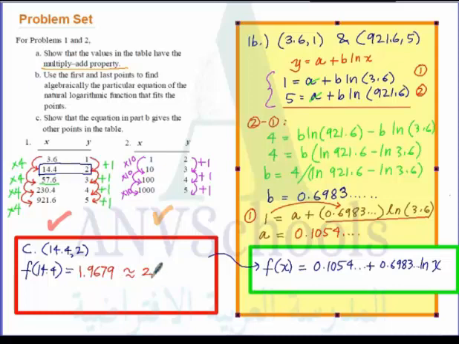Because our value here is very close to the given y value, this confirms that our equation gives the point (14.4, 2) in this table. Okay, so we confirm this. Now we're going to deal with number 2, so we're going to do it on the next slide.